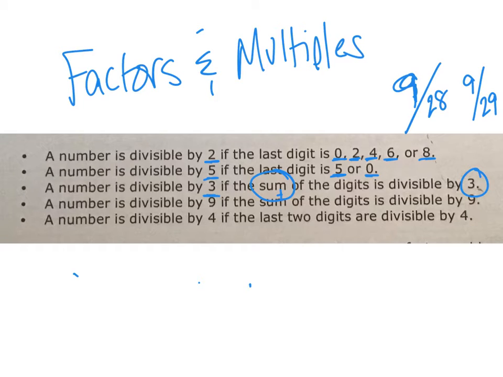Sorry. A number divisible by 9, if the sum of the digits is divisible by 9. If it's divisible by 4, the last 2 digits are divisible by 4.